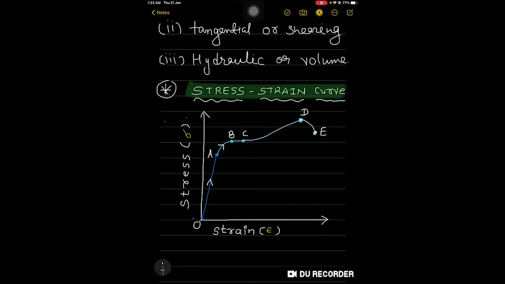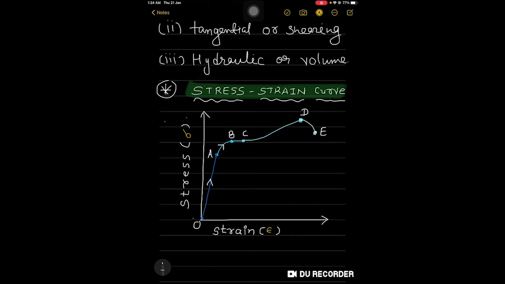The point B in the curve is known as the yield point, or it is also known as the elastic limit. The corresponding stress is also called the yield strength of the material. Initially in OA the object behaves as a 100% elastic material, but when it reaches B, it reaches the limit of elasticity, the elastic limit.